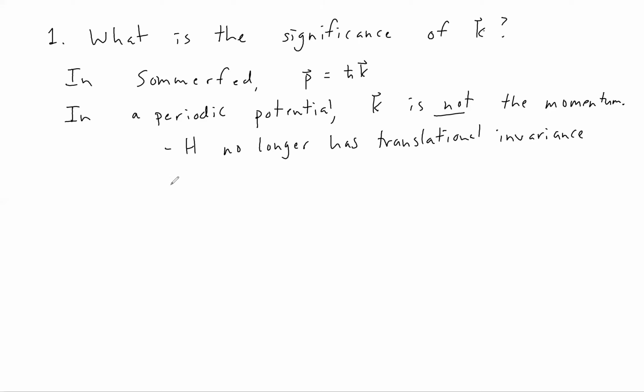On a different level, you can see that if I apply the momentum operator on a function of the Bloch form, a Bloch wave function is not an eigenfunction of the momentum operator. So the momentum operator is h bar over i times the gradient. If we act this upon a Bloch wave function, we get h bar over i times the gradient acting on e to the i k dot r times u_nk(r).